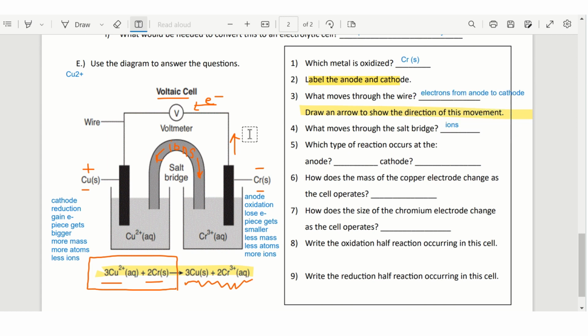What type of reaction occurs at the anode? Oxidation. At the cathode? Reduction. How does the mass of the copper electrode change as the cell operates? Well, I wrote it over here. The mass increases. How does the size of the chromium electrode change? The size decreases. It gets smaller.